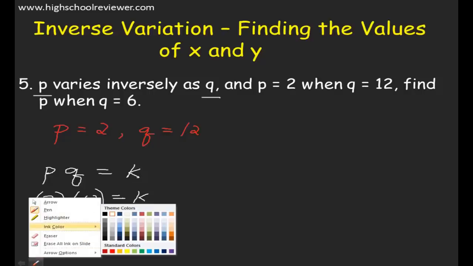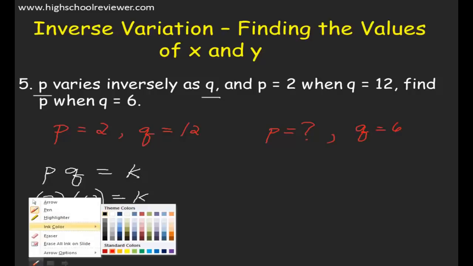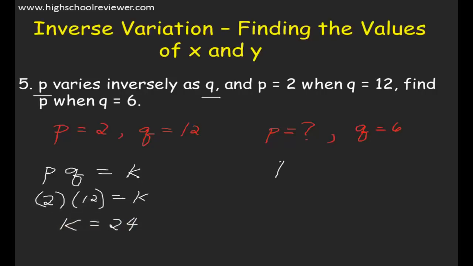And the second values of P and Q. So we need to find P. So our P here is the unknown, and our Q is 6. We are going to use the same equation. So our equation will be PQ equals K. So 6P equals K, which is 24. So to find for the value of P, we need to cancel out 6.